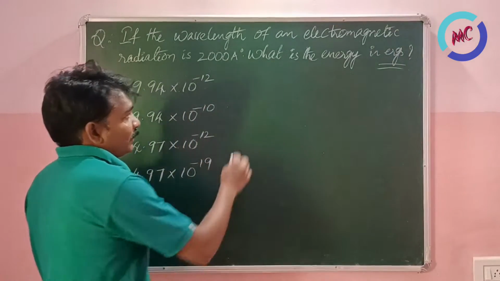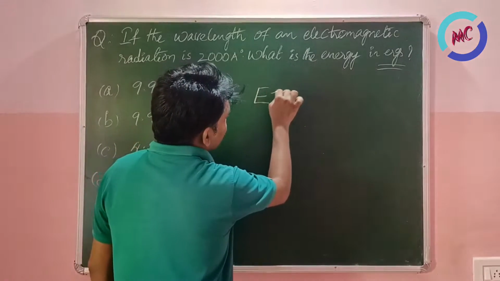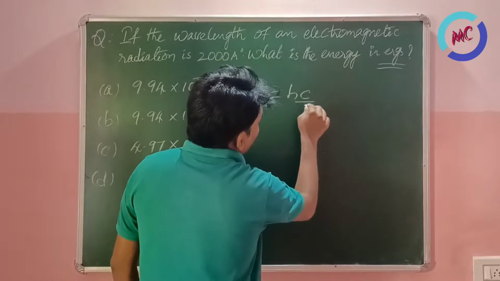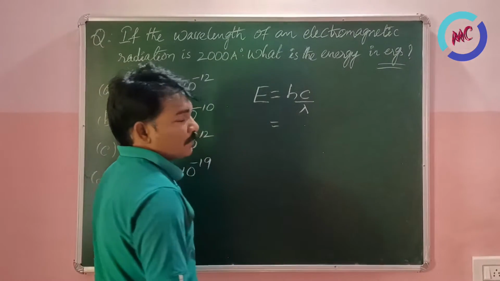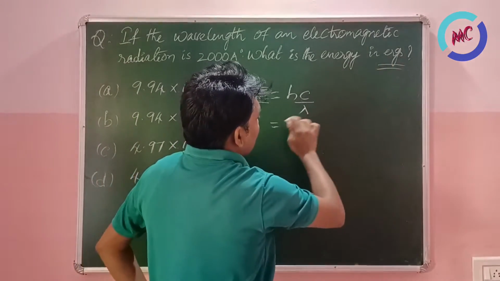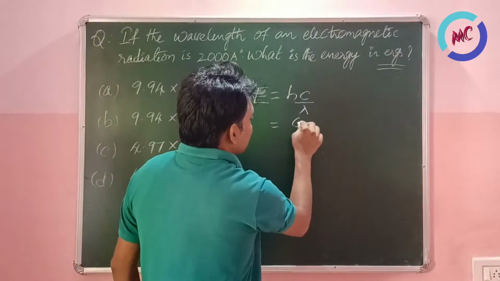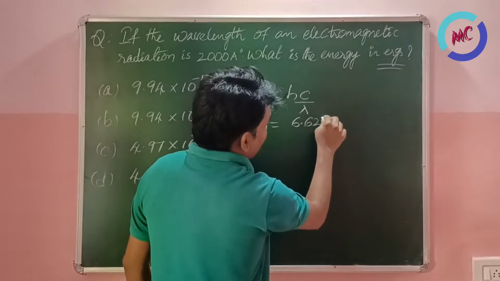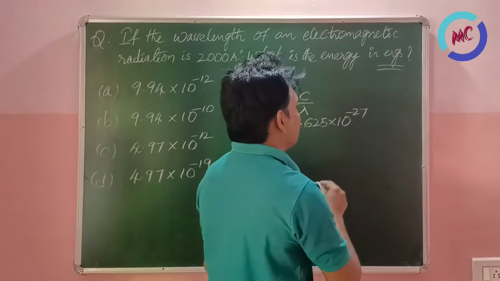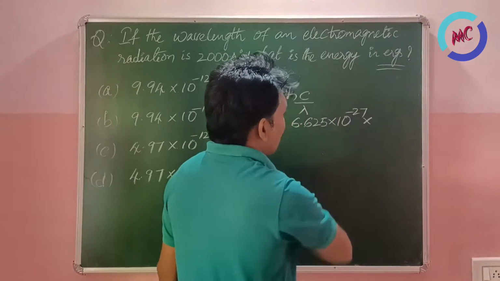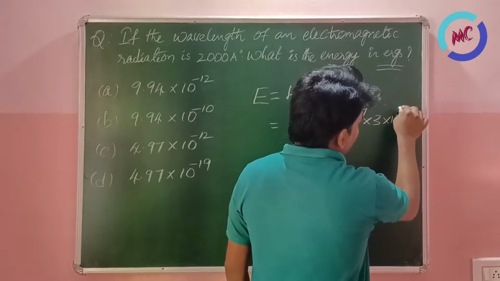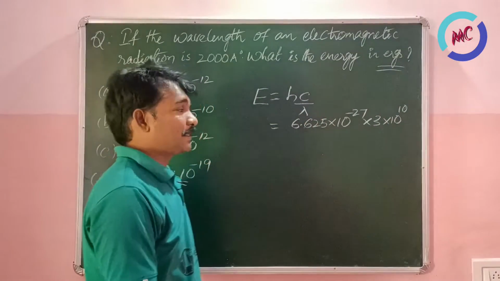See here, what is the relation here? E is equal to hc by lambda. What is the value of Planck's constant in ergs, I mean in the CGS system? 6.625 into 10 to the power of minus 27 erg second, and into what is the velocity of light in vacuum in the CGS system? 3 into 10 to the power of 10 centimeter per second.